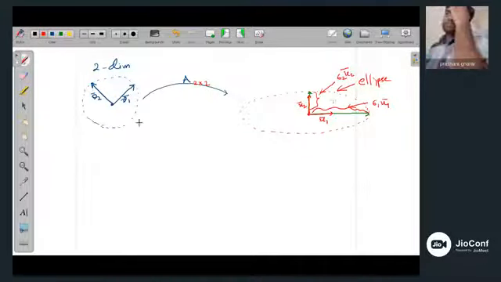Now the same concept you can apply for higher dimensional space.